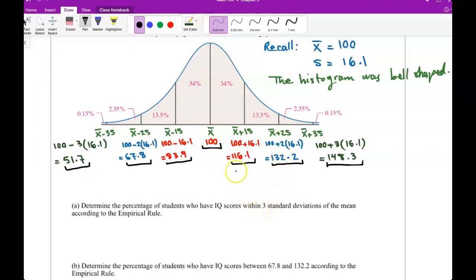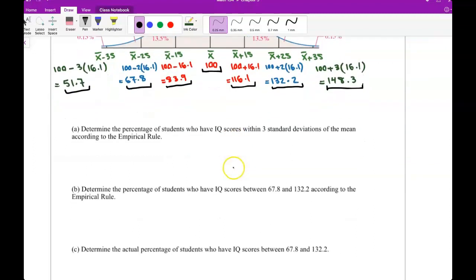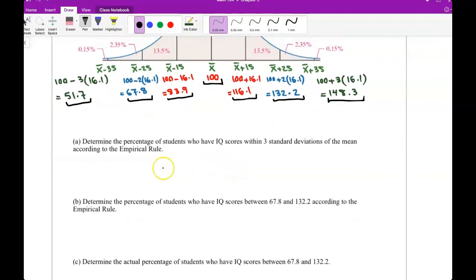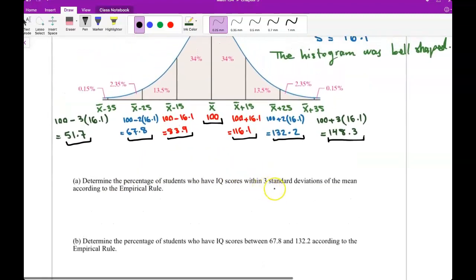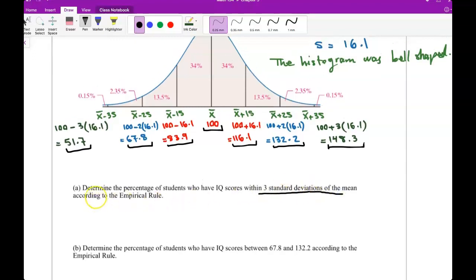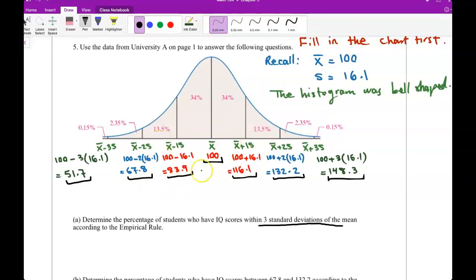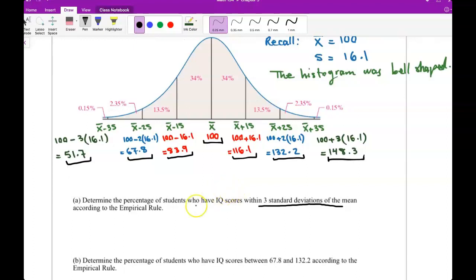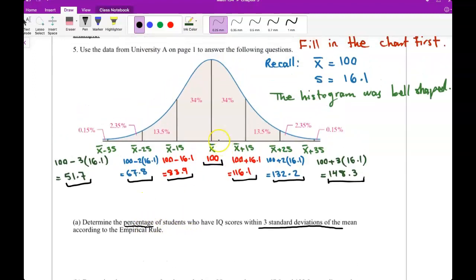Now, based on what we have here, we can answer these questions. Part A: determine the percentage of students who have IQ scores within 3 standard deviations of the mean. According to the empirical rule, the percentage will not differ based on what data you have.